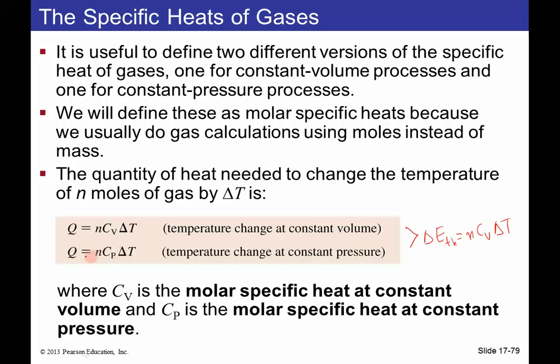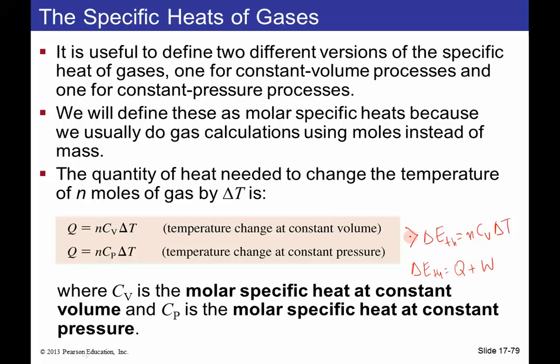However, for constant pressure, there is the added work that the system is doing as it expands, so here you would have delta E thermal equal to Q plus W. There's no W for the constant volume process, but there is work for the constant pressure process.